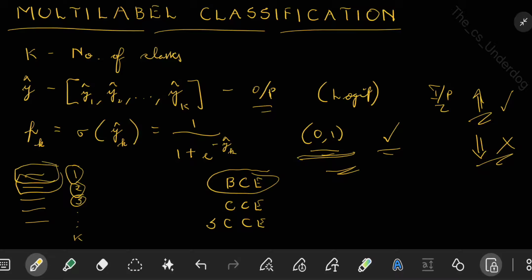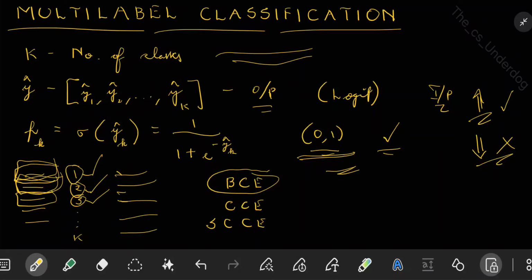Each of these binary classification problems will tell you whether the input belongs to this class or not. For each of these, you have a separate binary classification going on. So that binary classification is simply going to tell you, does it belong to this class or not? Like this, you are going to handle multi-label classification by considering it as a set of binary classification problems.